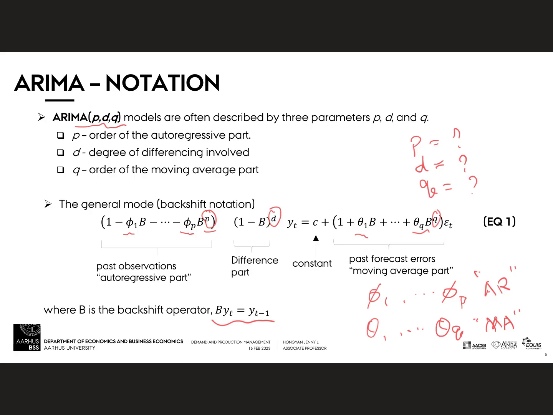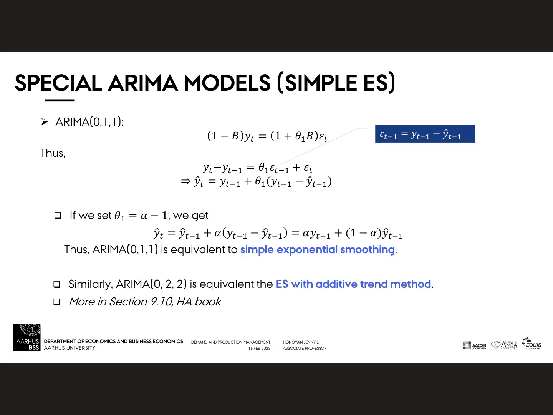Now we can see the next example. Here P equals 0, D equals 1, Q equals 1, so we have a specific model, ARIMA(0,1,1).